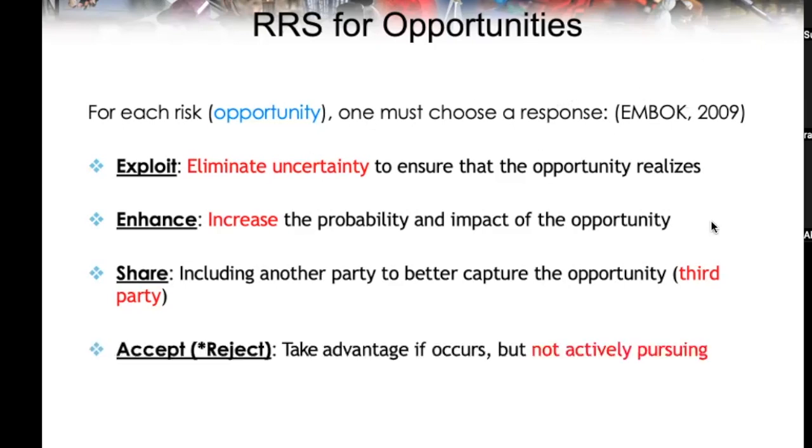And you're accepting: yeah, there's an opportunity, but maybe you don't want it, or if it occurs, you're just going to capture it. So you're not spending any resources to increase the probability or to eliminate the uncertainty. You're basically accepting it, just like we did in the threats.